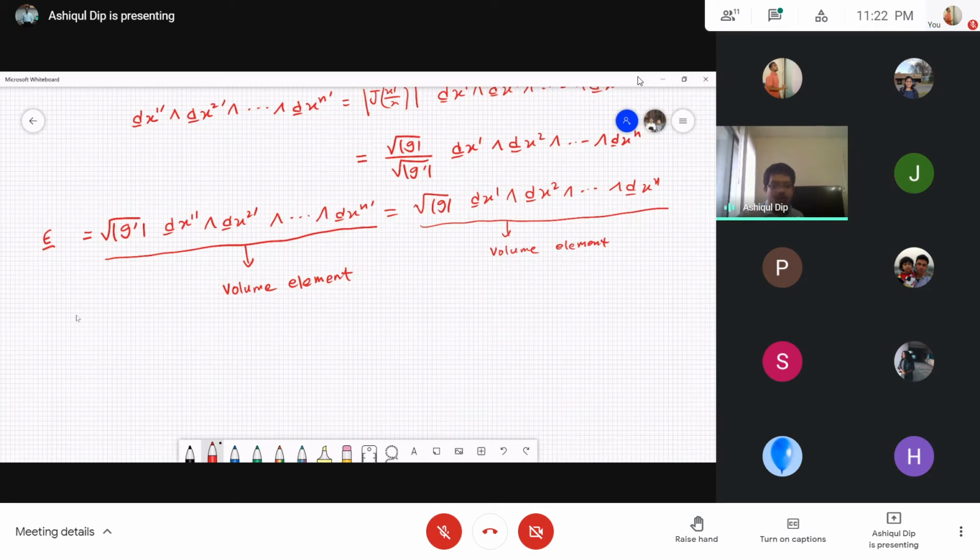Okay, so what are the components of epsilon then? Say your epsilon in a particular coordinate is this.